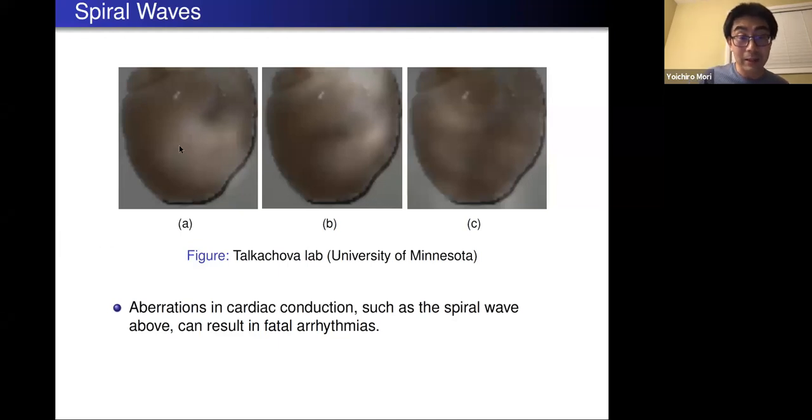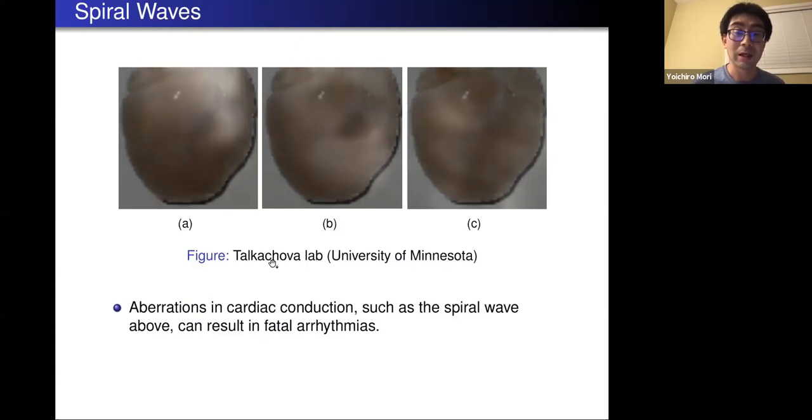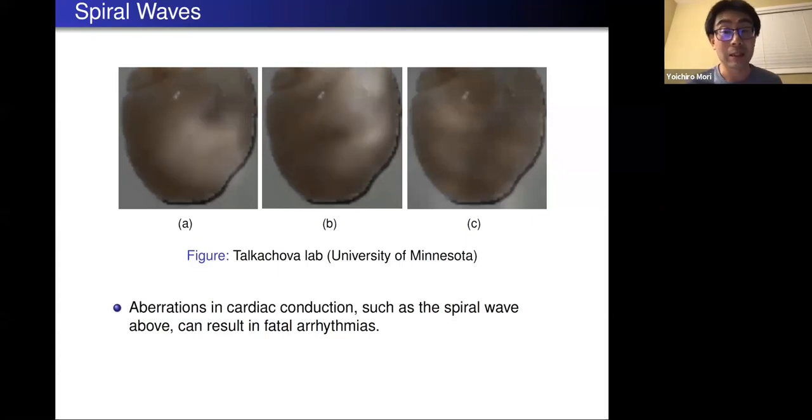And this is an experimental preparation. One can induce this kind of spiral wave by giving an artificial stimulus to the heart. You can also get patterns like this, where the electrical signal draws a figure 8.